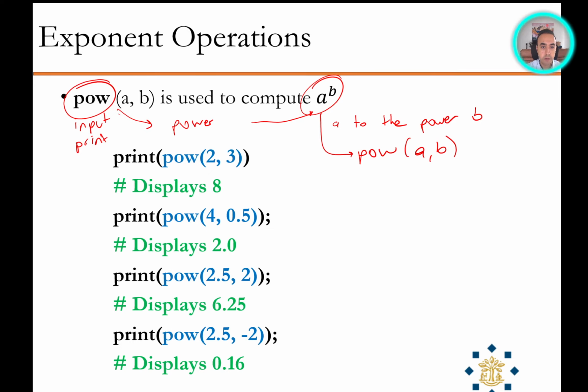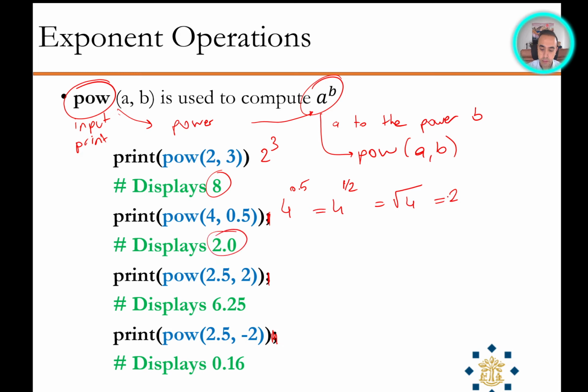So that's the same thing. So we have print POW 2 comma 3, 2 to the power 3, that's 8, 4 to the power 0.5. Don't mind the semicolons here. This is 4 to the 1/2, that's equal to the square root of 4, and that's 2.